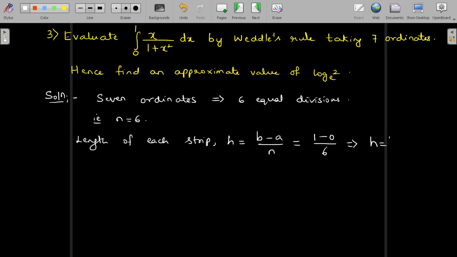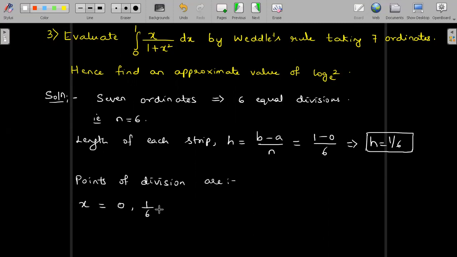Since it is a recurring value, let us retain h as it is instead of writing in the form of a decimal. So the points of division are starting from the lower limit, that is x is equal to 0. In steps of 1 by 6, we have to write down until upper limit, which is 1.